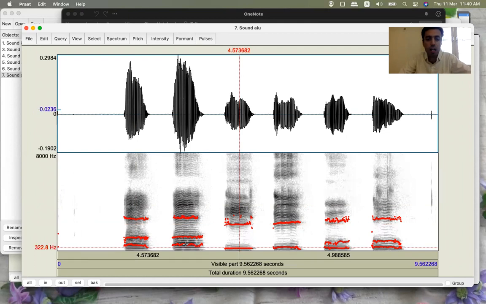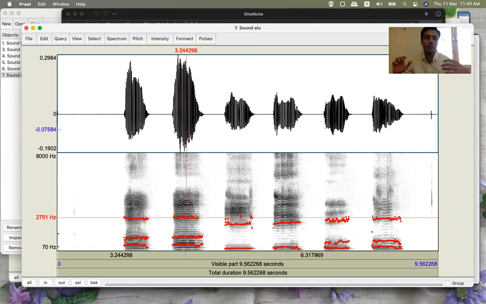But for the other sound, the first formant is about 600, then 1200 something, and then 2700 something. So if I just tell you the values of the formants, you can tell the distinction between different vowels. Am I understandable? Is it clear? Yes, sir.